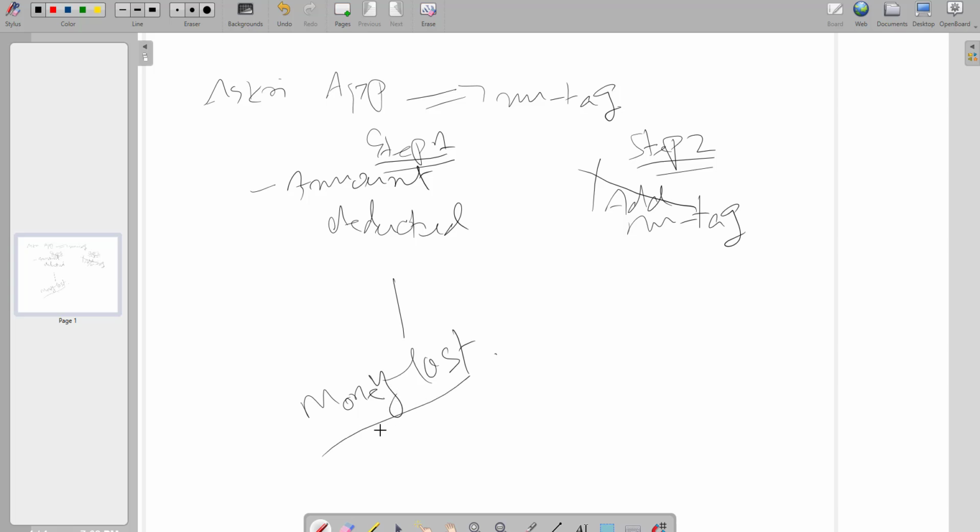Although I had to call the bank one or two times and then the money was recovered, this shows the software is not properly using transactions. So due to that, this problem occurred, right? This is the money loss problem.